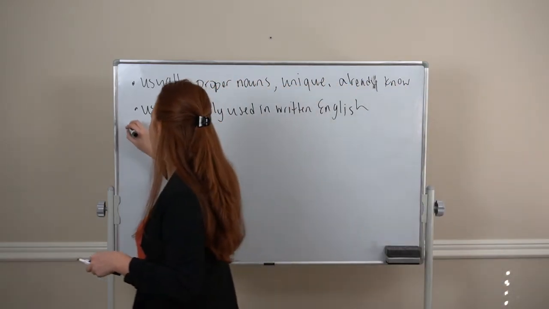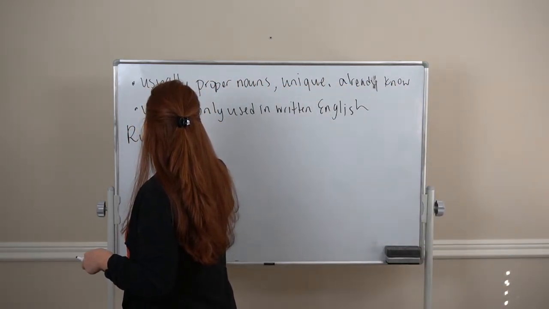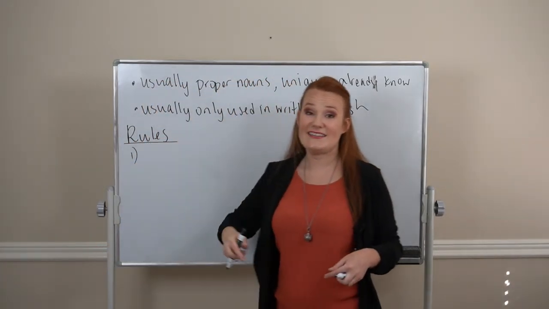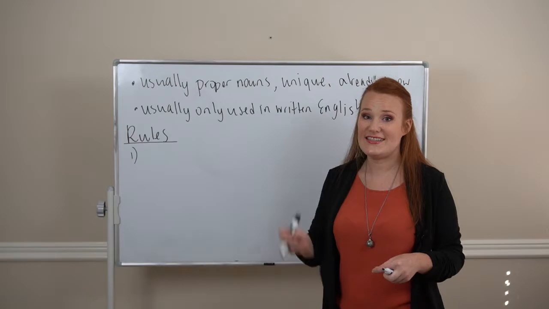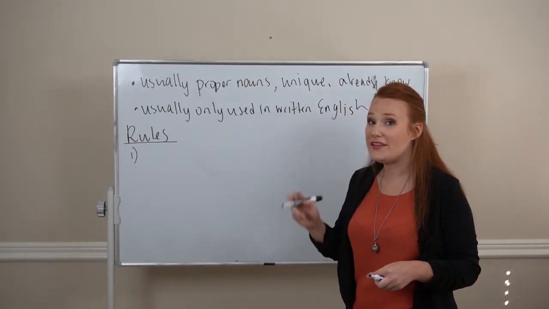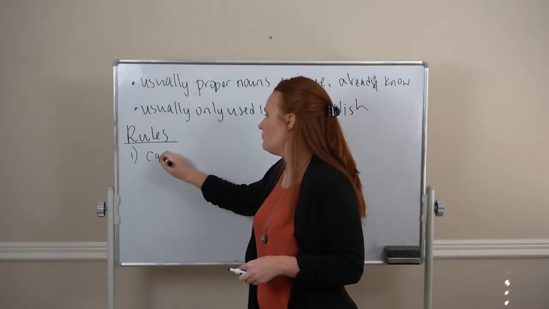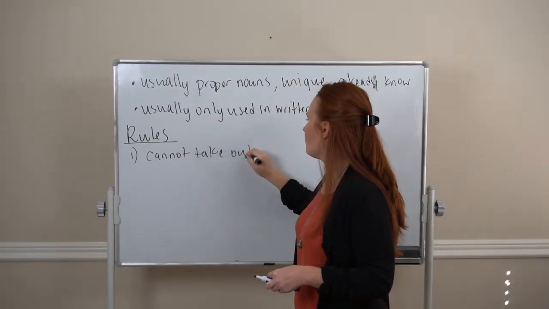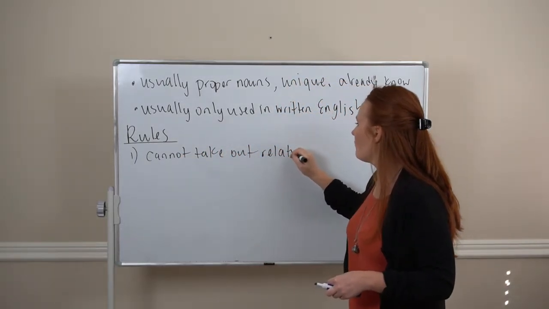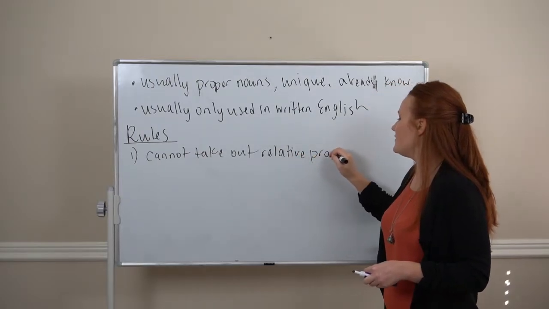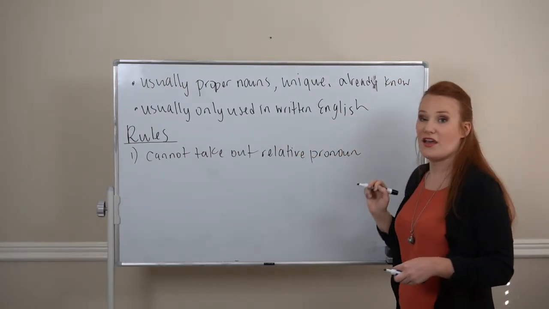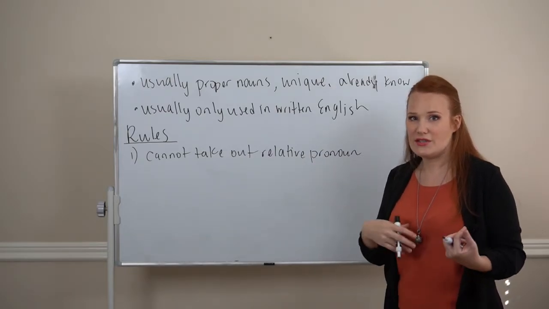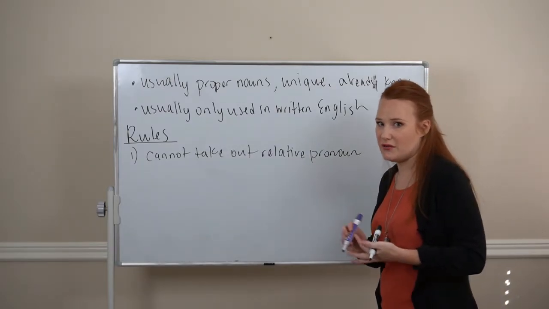Now, some rules. Okay, our first rule is that we cannot take out the relative pronoun. So this is different from defining clauses. When we have a relative clause about an object, we can drop that relative pronoun.